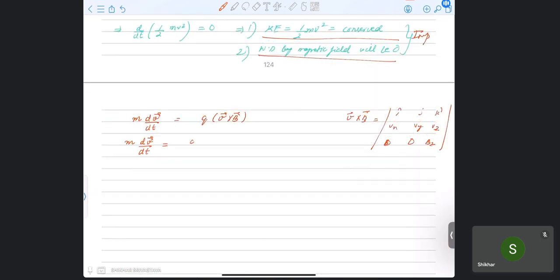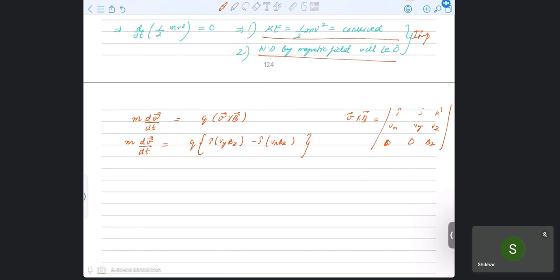Q times i cap vy Bz, okay, minus j cap vx Bz, plus k cap will be nothing.